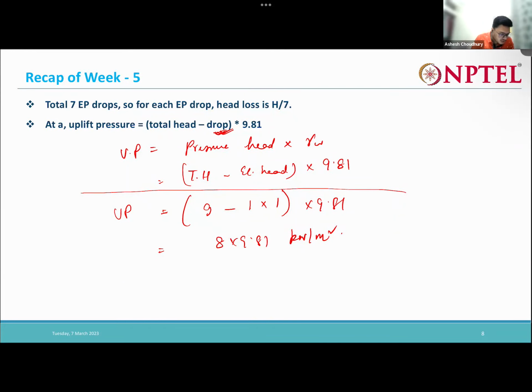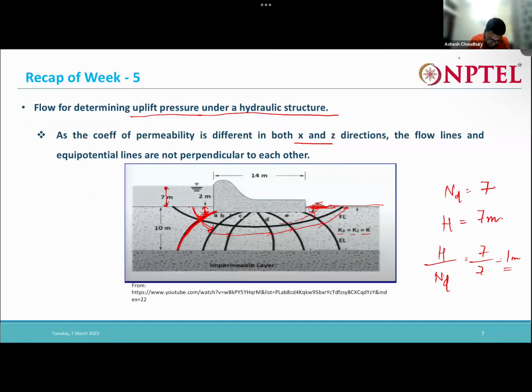Similarly, if you look at point B, it lies on this equipotential line. My total head is 7 plus 2, that is 9. 9 minus how many drops? Here to here 1, here to here 1, total 2 drops.